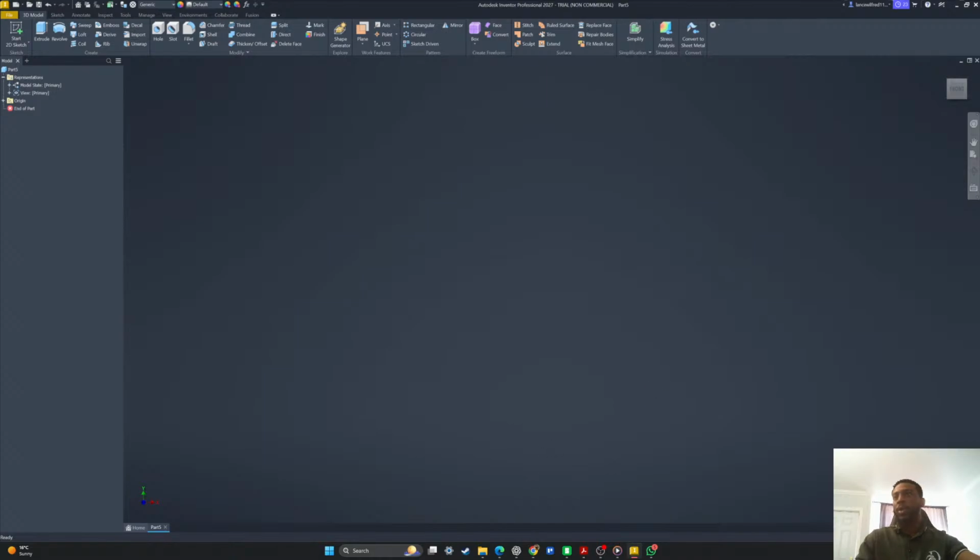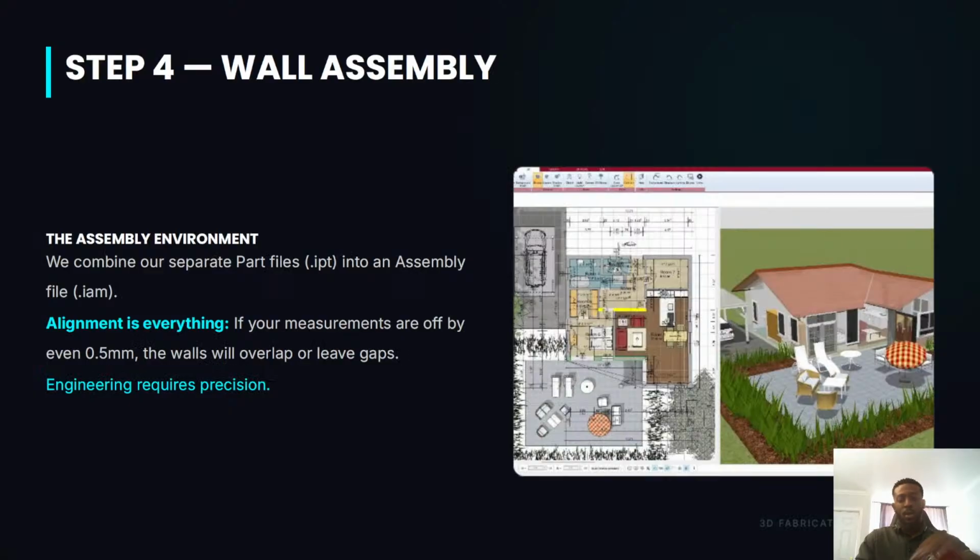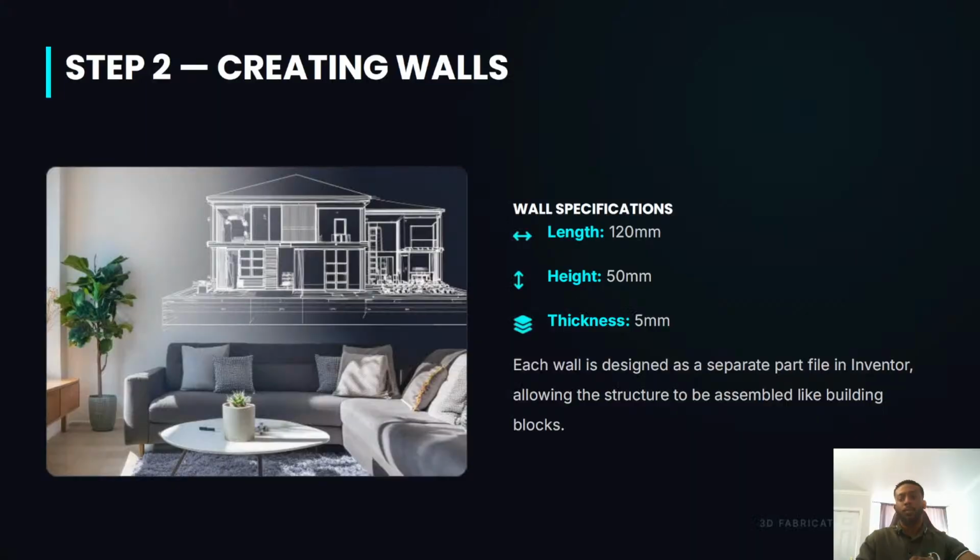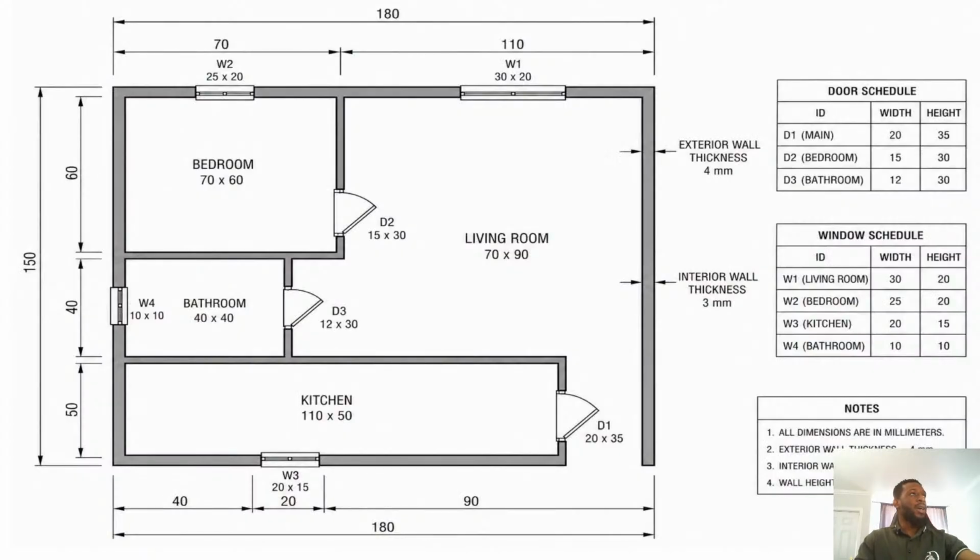If you remember, this is what we're going to be making. I already have this opened somewhere else, so I'm just going to be calling out the numbers. It's going to be easier for us to understand that way.